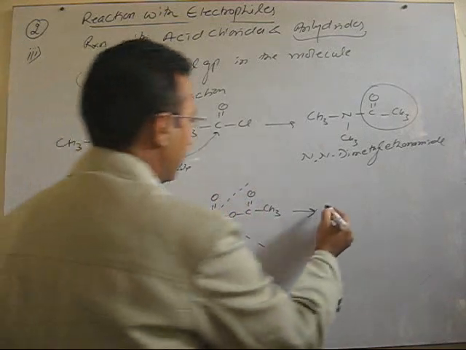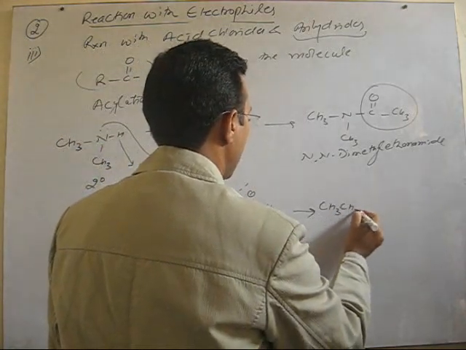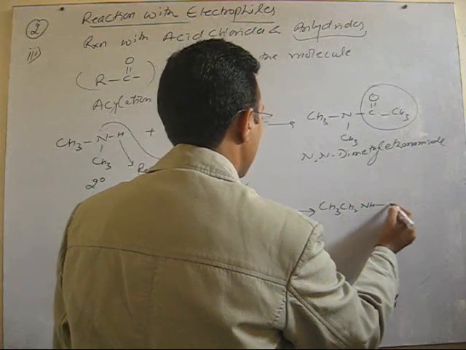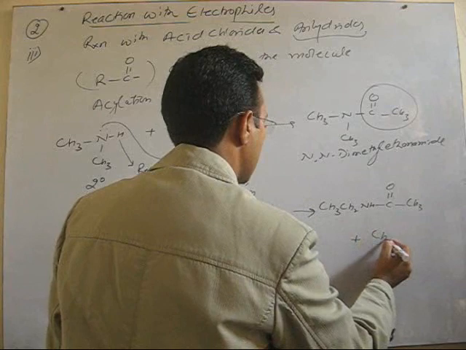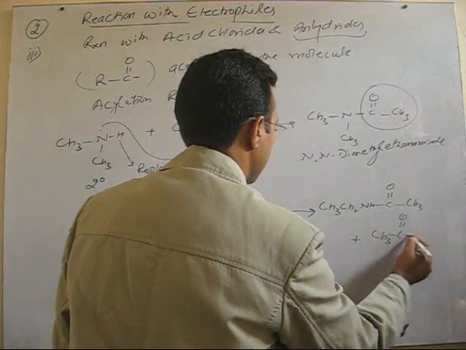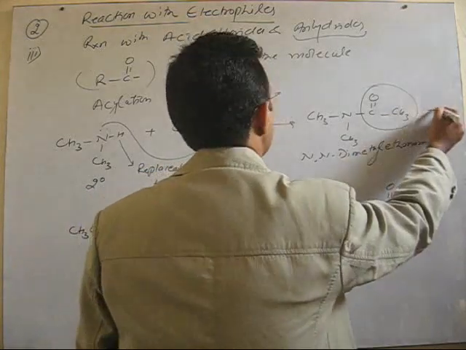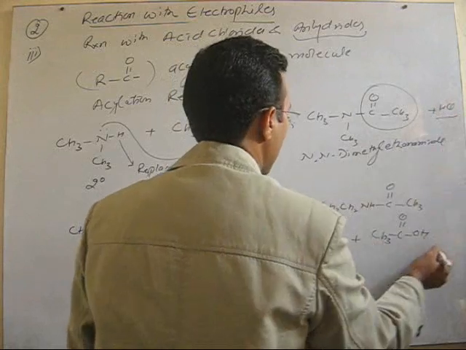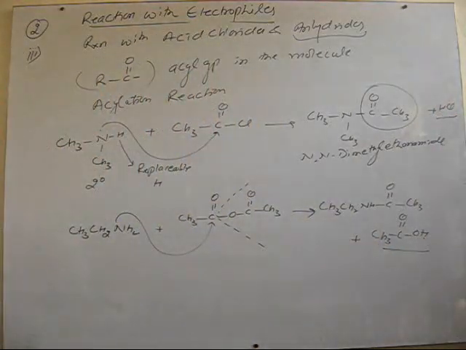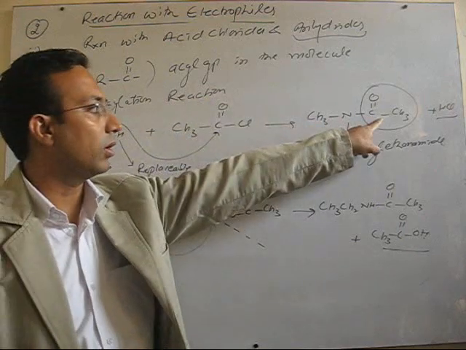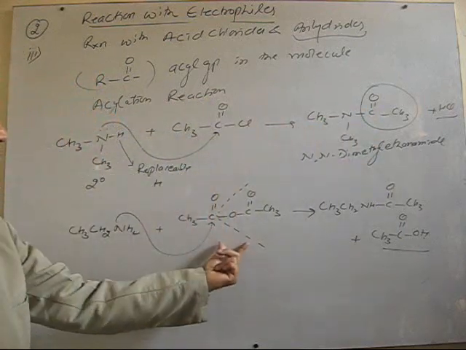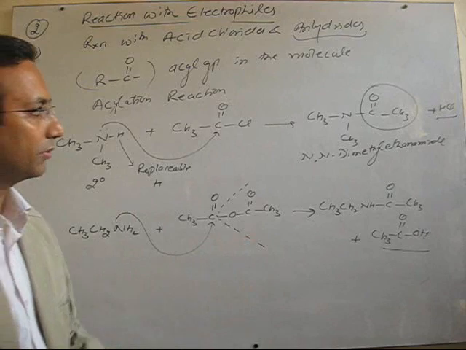This will go out. The product formed is N-ethyl ethanamide plus acetic acid. For example, in this case you have HCl, here you have acetic acid as the byproduct. So for introducing an acyl group in the molecule, you can use acid chloride as well as acid anhydrides. Both of them can be used.